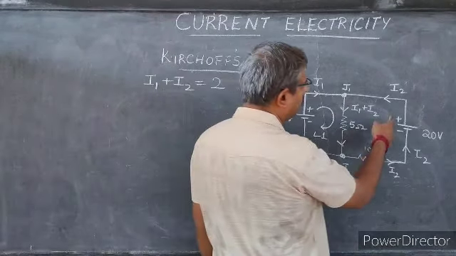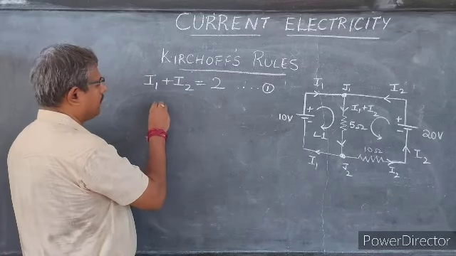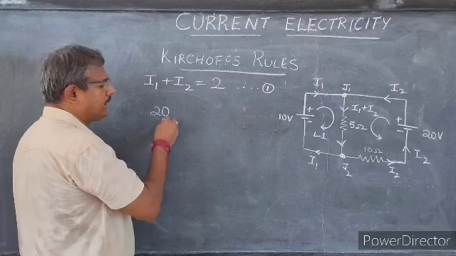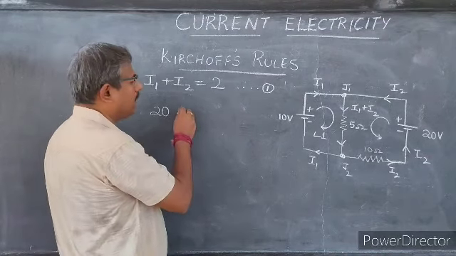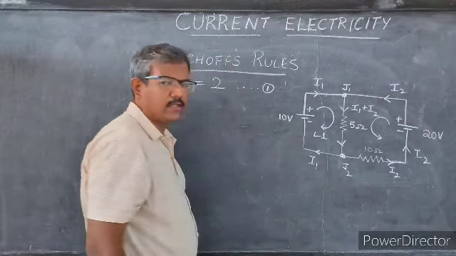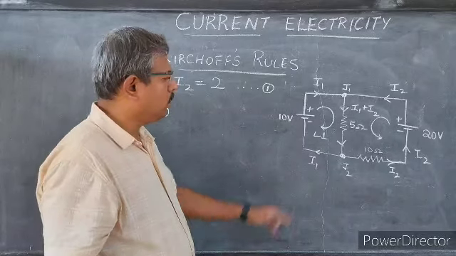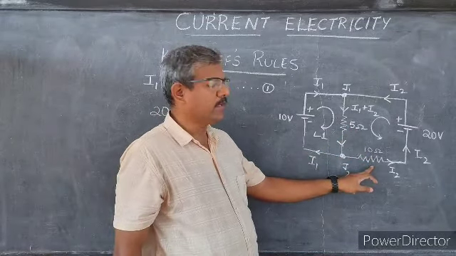So again in loop 2, let me assume this to be my conventional direction. Applying the loop law again to loop 2, the cell gives me a potential of 20 volts and there are two resistances over here. One is the 5 ohm resistor, the other is the 10 ohm resistor.